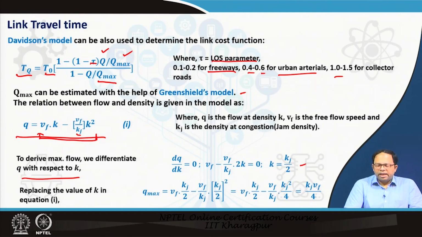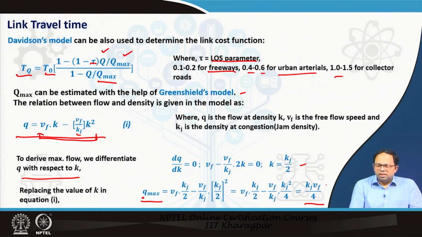Now, if I replace k equal to Kj by 2 in the same equation, where Q has now become Qmax because we are replacing k by Kj by 2, we get this particular formula where Qmax equals Kj, the density at congestion, into Vf, the free flow speed, divided by 4.